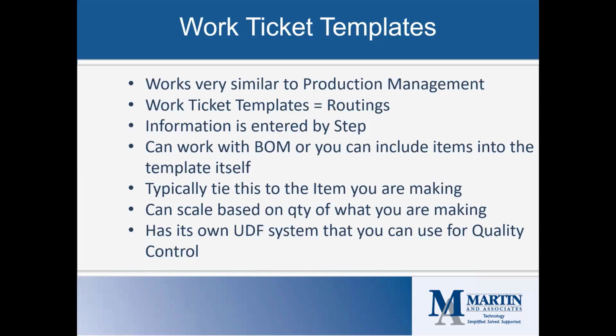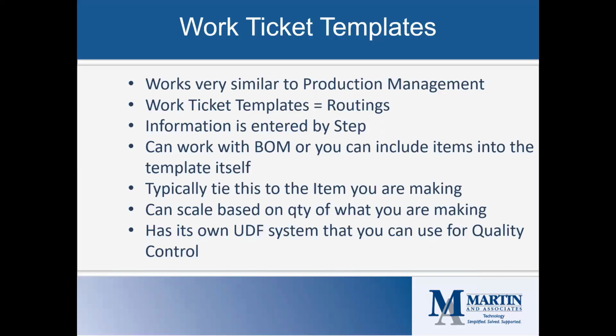And finally, one of the neat new features in both production management and operations management is that per step, it has its own specific UDF system that is not like the UDFs elsewhere, if you're familiar with Customer Office and how those UDFs are used. What this means is, because we're configuring these UDFs per work ticket class and step, you can get prompted with different checks, most often used for quality control.